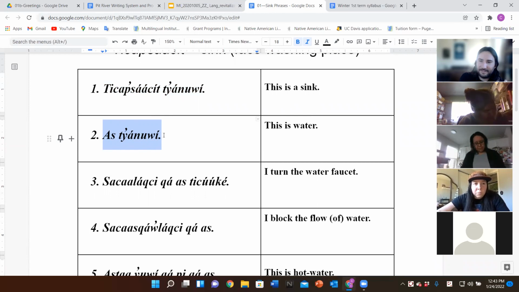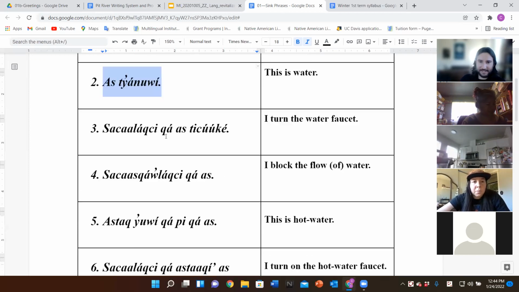And Letty, us Tianui. And Mercy, us Tianui.